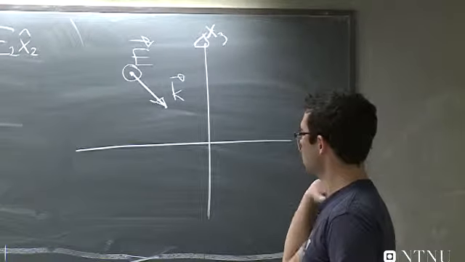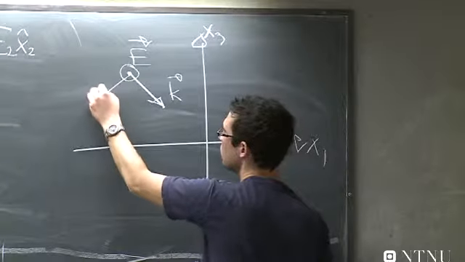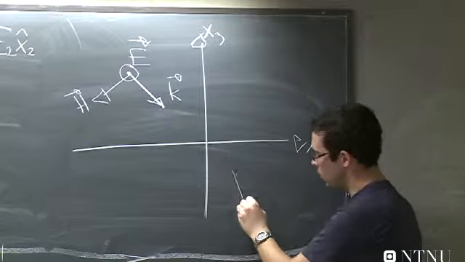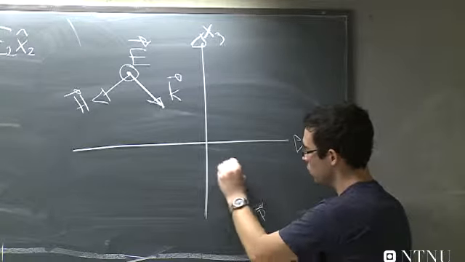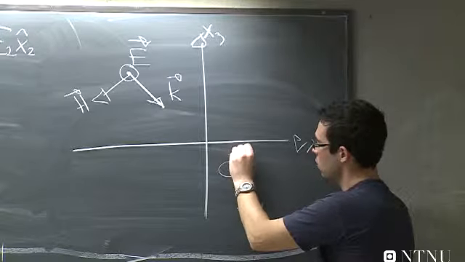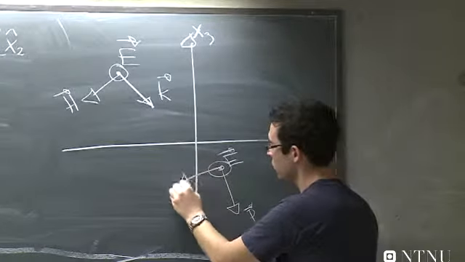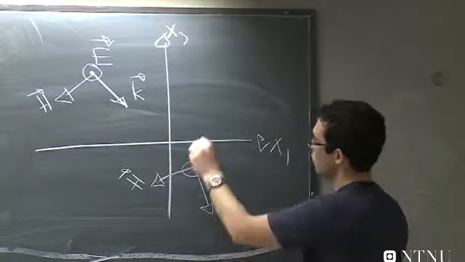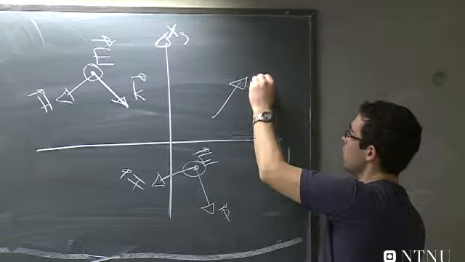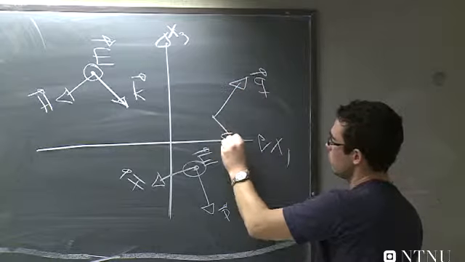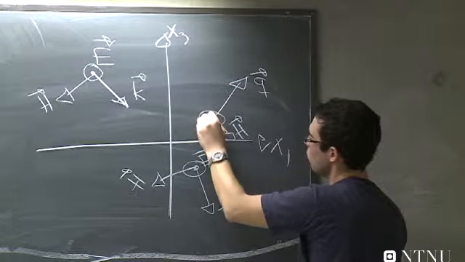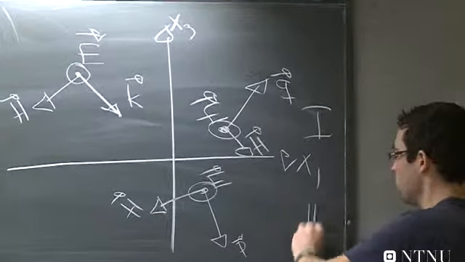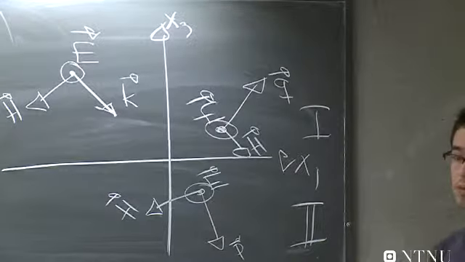K cross E, so H is going down. In the transmitted medium, we have the k vector, the E vector is still out of the board, and the H vector is orthogonal to the other two, so it's given. And for the reflected, same thing, okay? Like this. So now it should be clear what S polarization means.